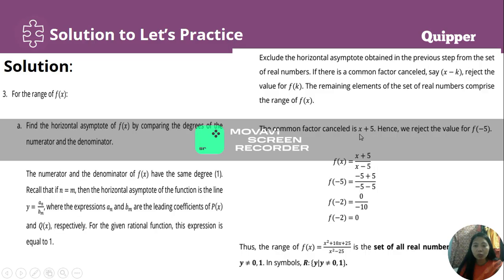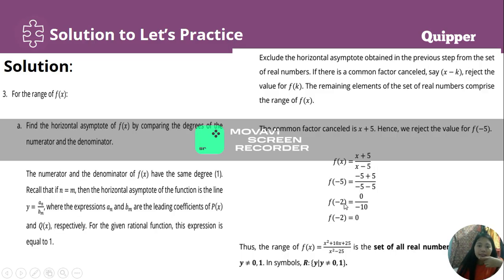From the cancelled factor: the x plus 5 is the one that gets cancelled. We equate it to 0, so x is negative 5. Substituting x as negative 5, we get negative 5 plus 5 over negative 5 minus 5, which is 0 over negative 10, that is 0.